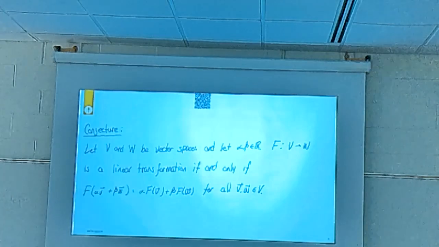This is another way that they define a linear transformation. Instead of showing the two properties, you just show alpha v plus beta w maps to alpha f of v plus beta f of w. So what it does is it shows both properties at once.